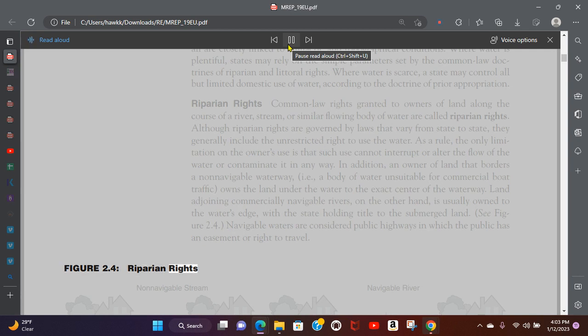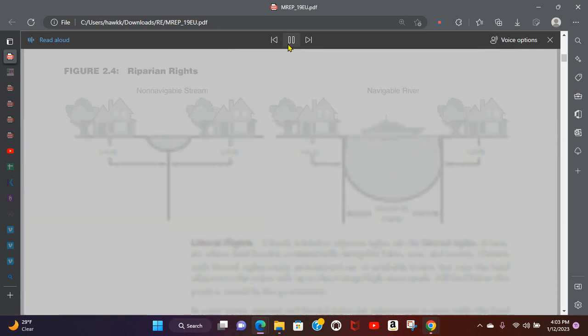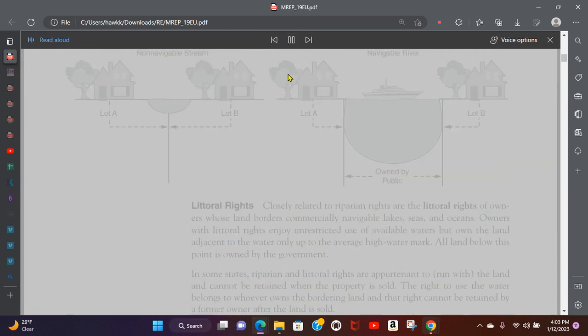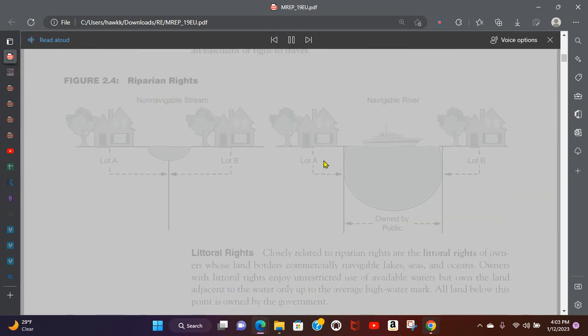Figure 2.4, Riparian rights. Lot A, Lot B. Non-navigable stream, navigable river, owned by public.